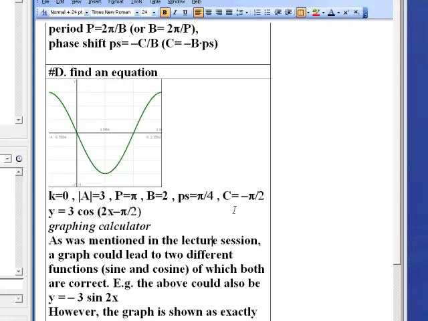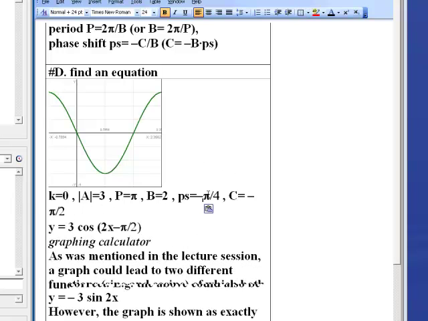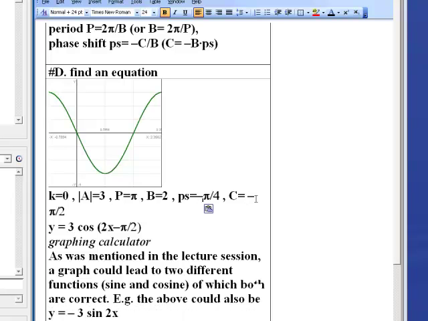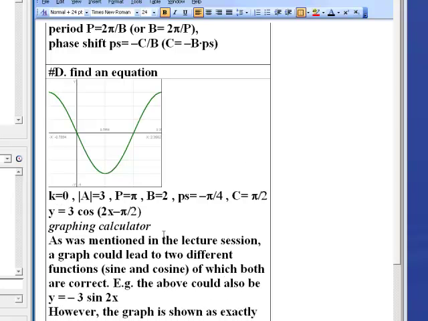That means negative 0.78 is negative pi over 4. So there's a negative right there. The c comes out then to negative 2 times negative pi over 4. So it comes out to positive pi over 2. There's my mistake. Plus right there. And that plus pi over 2 will ensure that the graph is being shifted to the left.